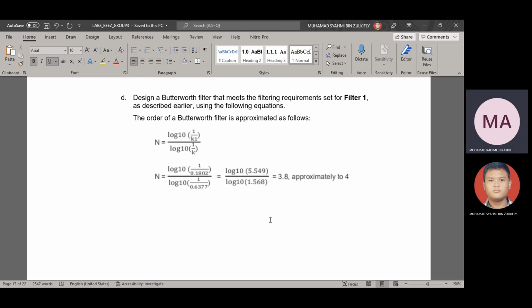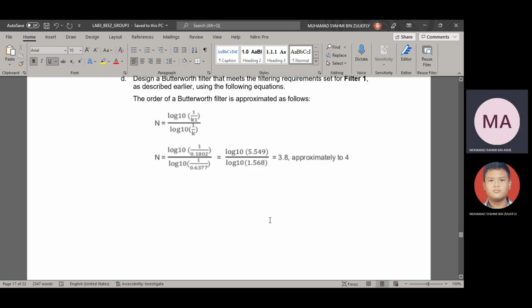So we use the formula N is equal to log 10 of 1 over K1 divided by log 10 of 1 over K. K1 and K we already have the values, so we just put the values into this equation, and then we got 3.8, approximately equal to nearly 4.